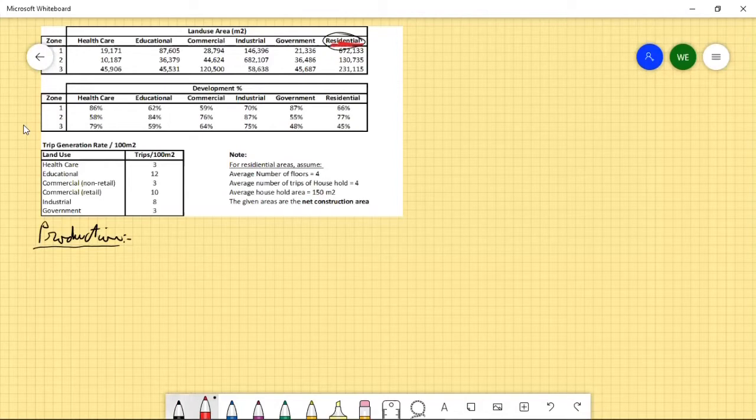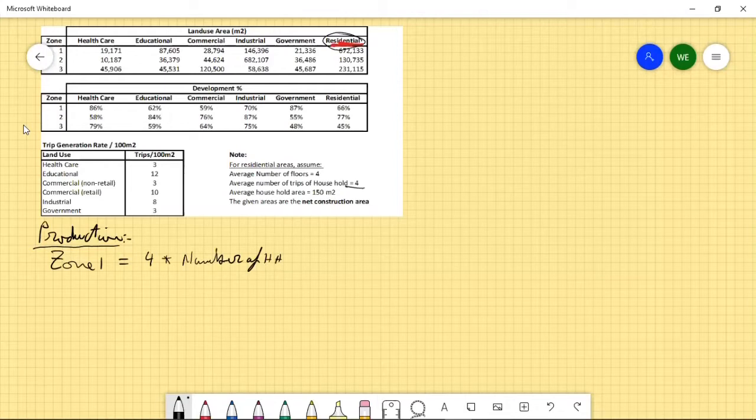So how can we calculate the trip production? Let's first calculate the number of trips for zone 1. How many trips do we have generated? The number of trips per household is 4, so we have 4 multiplied by the number of households.